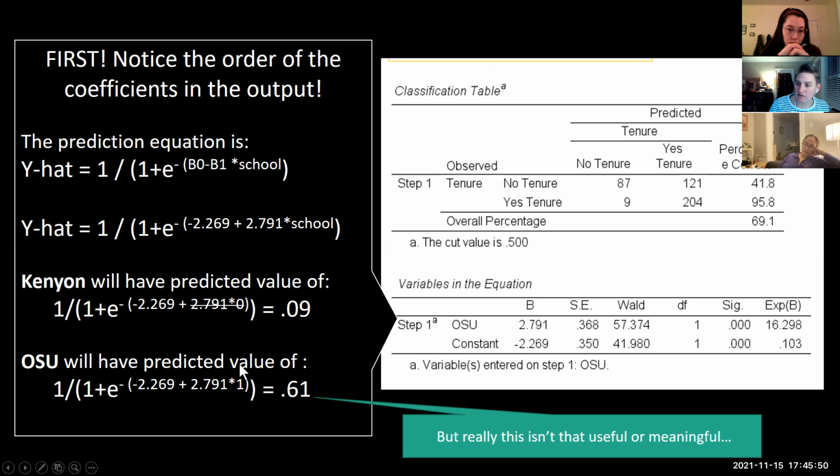For Ohio State, we do need this one. We plug in 1 for the x value, and so then we solve that down to 0.61. 0.61 tells us, again, yes, we have tenure. That's what we're guessing because it's above 0.5. More likely to have tenure than not have tenure.